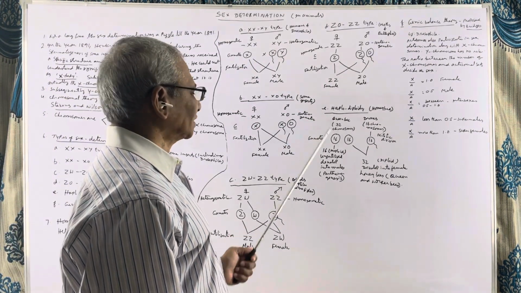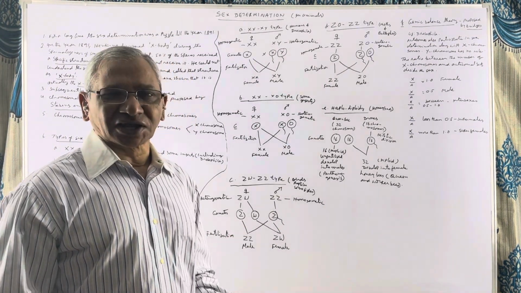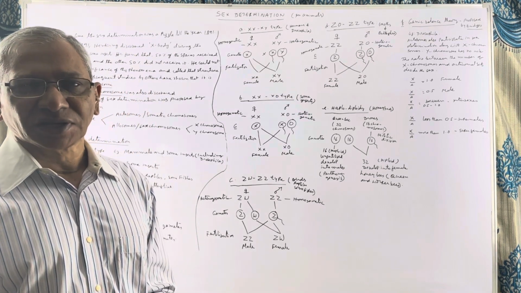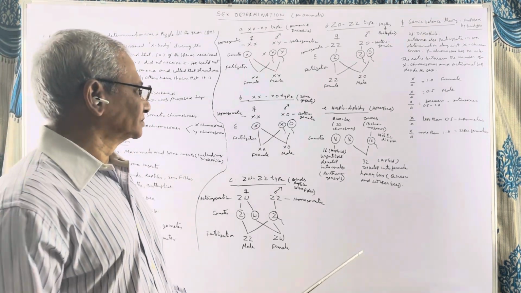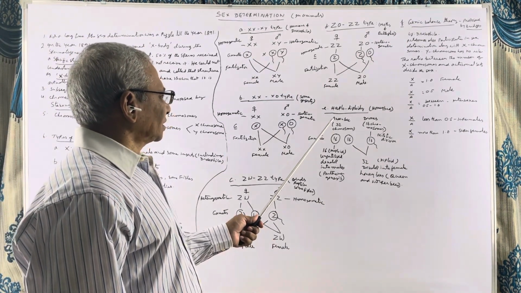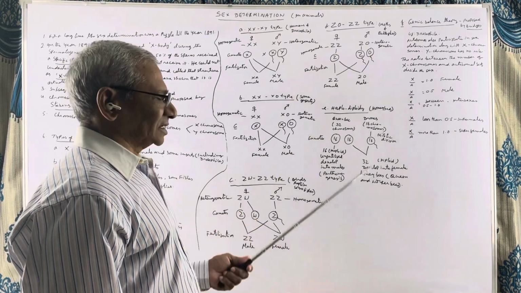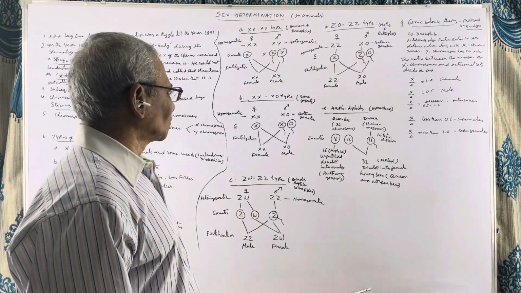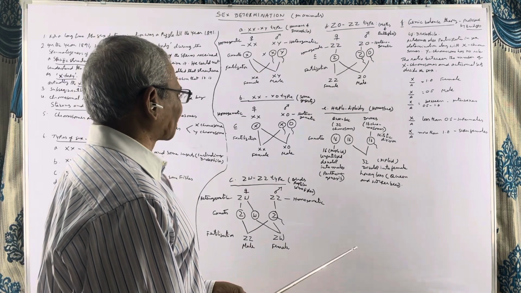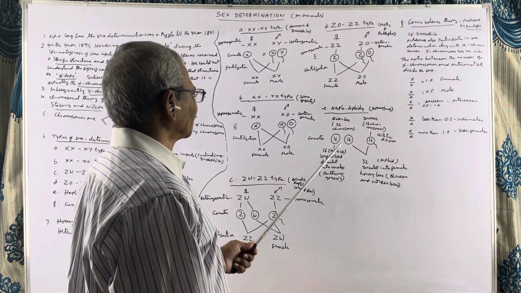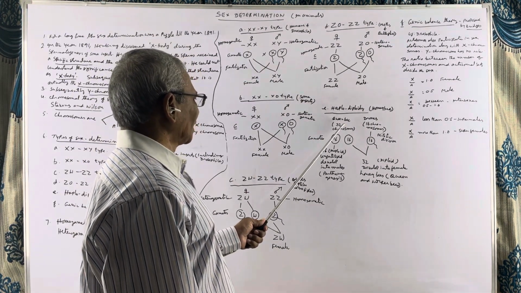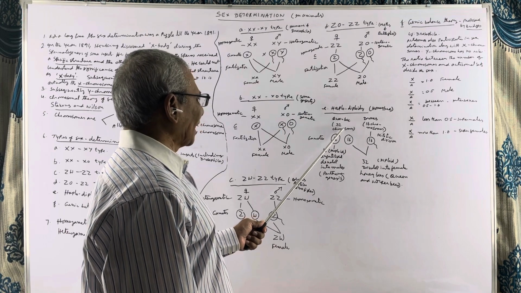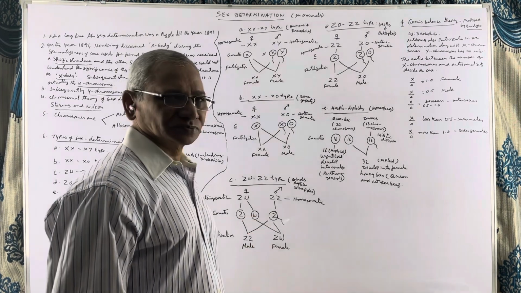Then, there is one very interesting type of sex determination in the honeybee. This is also seen in some of the ants and other insects. This is also known as hymenopteran type. Here, the queen bee has 32 chromosomes.